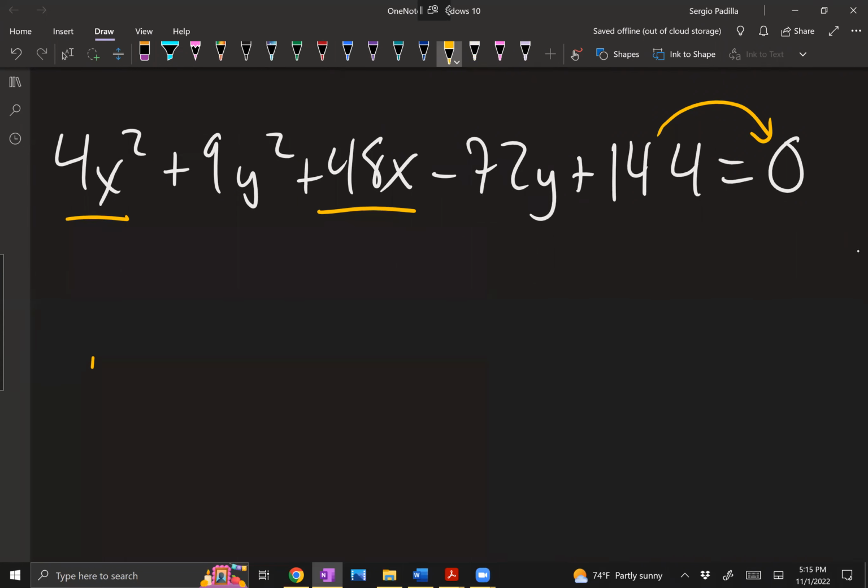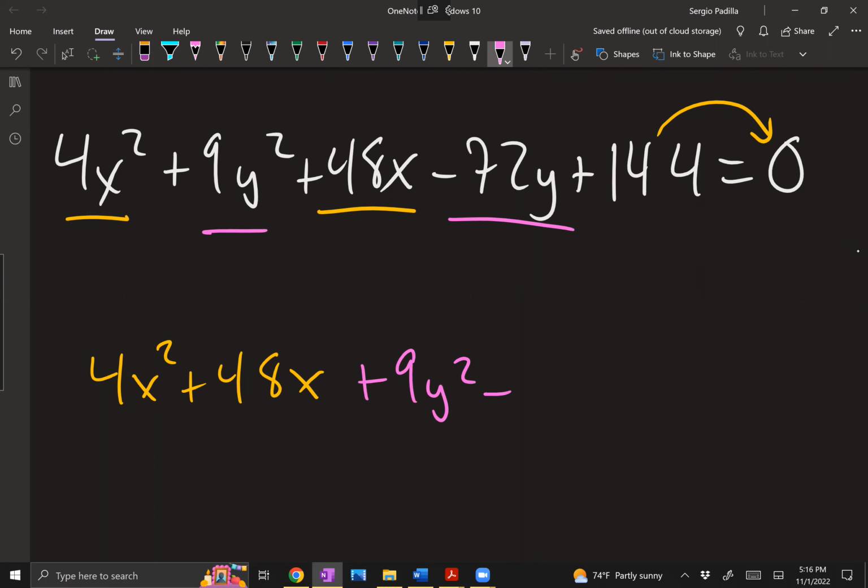So the x's right together, 4x squared plus 48x. And then I'll write my y's together, plus 9y squared minus 72y is equal to negative 144.